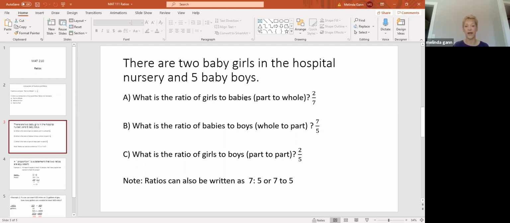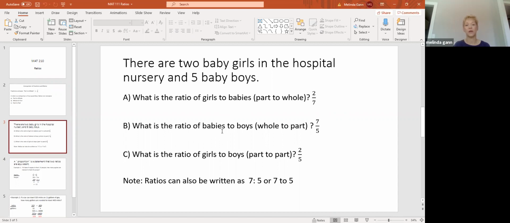Well, if it's girls to babies, then girls would be on top and babies would be on the bottom. So there are 2 girls and there are 7 babies in all. So 2 to 7. Now, when it's a fraction, that would be read 2/7. But if it's a ratio, it's read 2 to 7. All right, that bar is read as the word "to," okay?